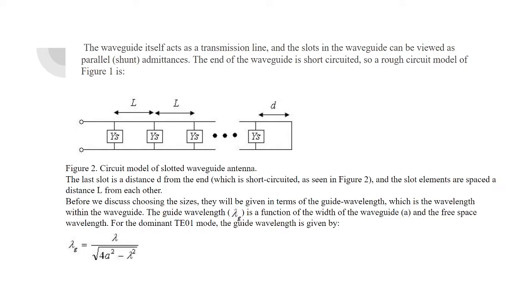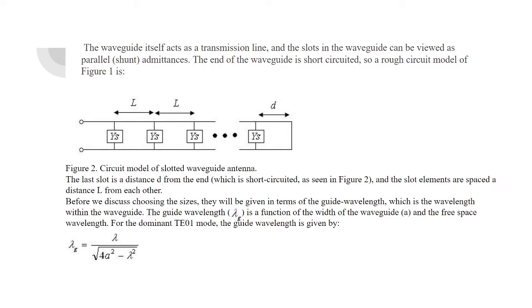So a rough circuit model of figure 1 is like this. Figure 2: model of the slotted waveguide antenna. The last slot is a distance d from the end, which is short-circuited, as seen in figure 2. The slot elements are spaced a distance L from each other.